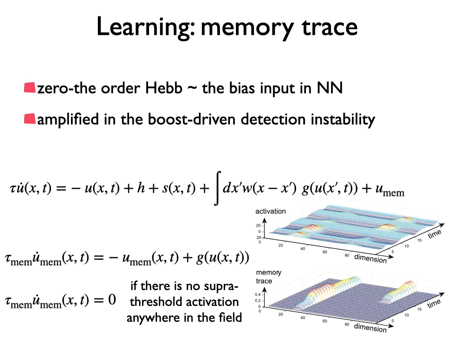So you can think of the memory trace as reflecting somehow the statistics of where peaks arose. So for instance, if you have a paradigm where you induce peaks here sometimes and here sometimes, the memory trace will reflect that statistics. And the particular way we model that is that suprathreshold activation in the field lays down a memory trace, and that means whenever there is an input here, memory trace goes up, but where there is no input, memory trace goes down.